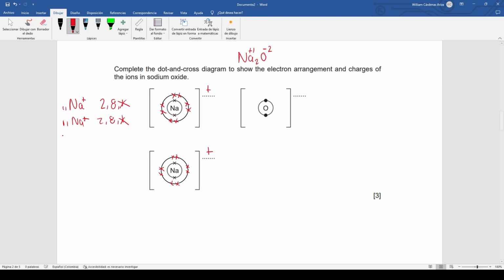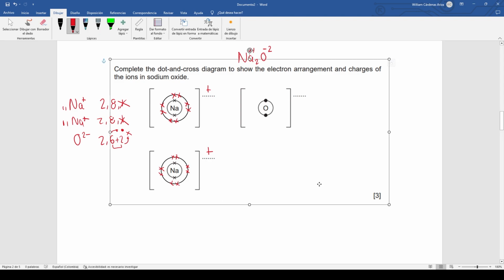And with the oxygen, we know that oxygen is 2, 6, but it wants to get 2 electrons, so it becomes 2, 8. But this 8 here comes from 6 dots from the oxygen, because it has dots, and 2 crosses from the sodium.